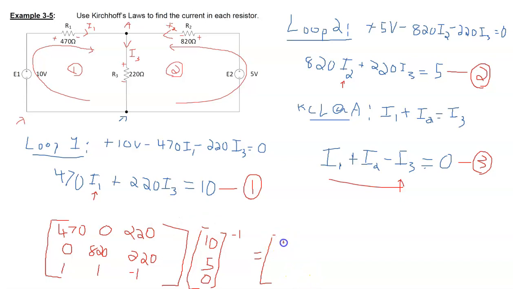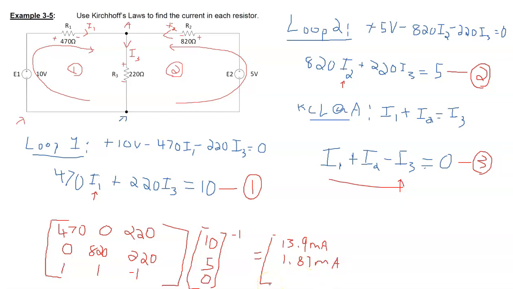I1 at 13.9. I mean, actually what you get is 0.0139 because I1 is in milliamps. So 13.9 milliamps. Then you'll come up with I2 at 1.87 milliamps if I keep 3 significant digits for these.